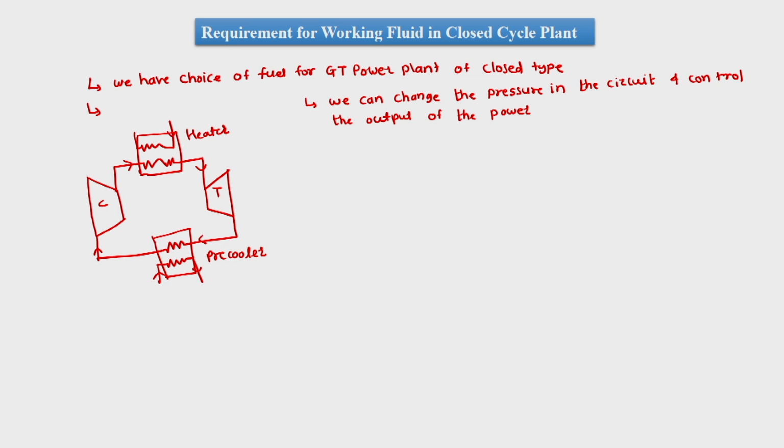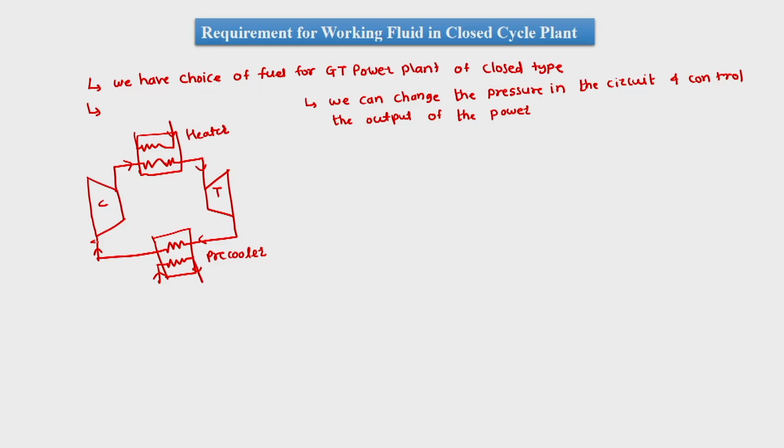We always get air at the inlet to the compressor at the atmospheric condition. So here the air at the inlet to the compressor can have different pressure which we set, and based upon that we can change the output of the power plant. We can use any fuel, and here we can choose the fuel.